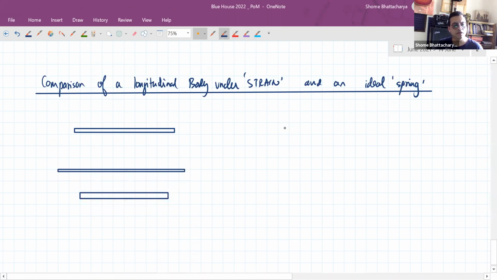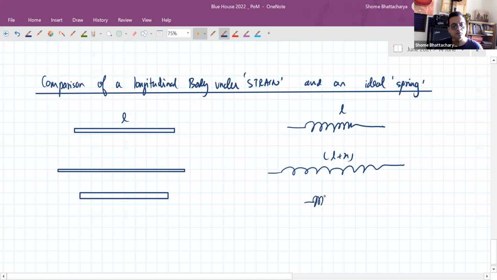Similarly, we have a spring, an ideal spring of natural length L. Now, whether we are placing it under elongation, or we are compressing it, whether we are doing this by applying external force like this, which creates the internal tension in the spring, or we apply the external force this way, the internal restorative conservative force is like this.